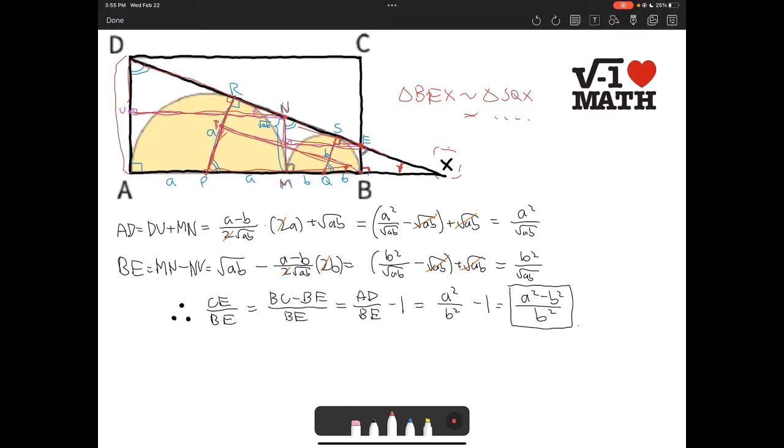And notice that AD is equal to this plus this. Now, since these are 90 degrees, this is a rectangle, so AU is equal to MN.